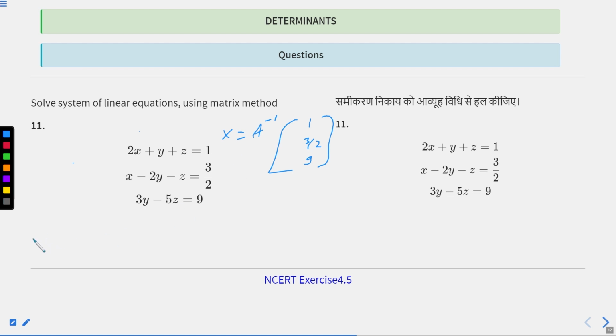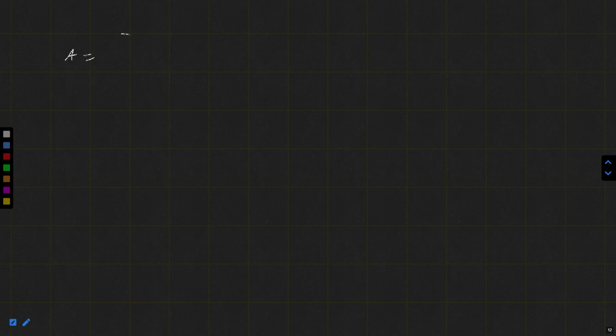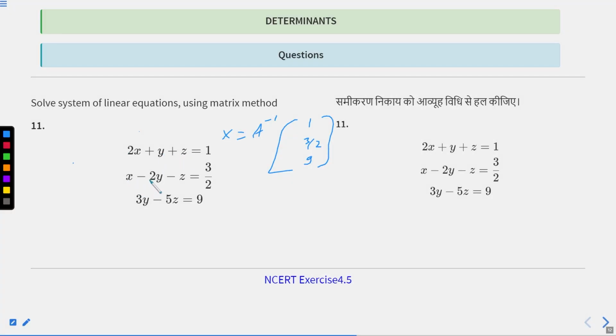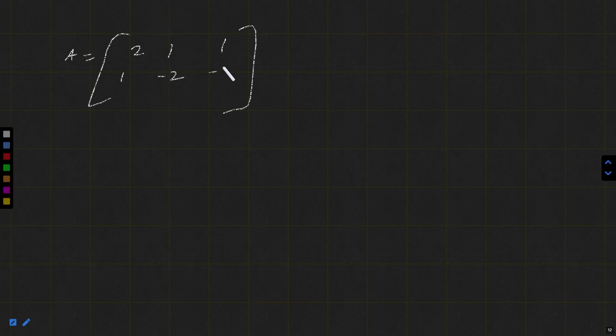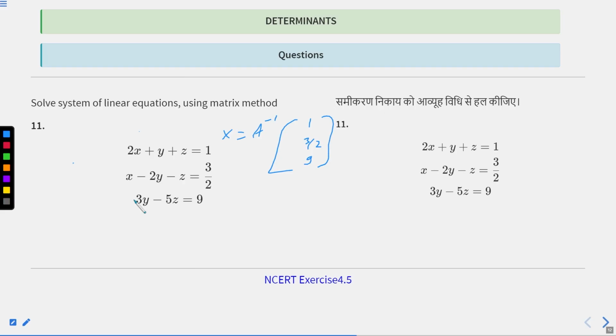You all know A is, so let me do it here. A will be 2 1 1, 1 minus 2 minus 1, and 0 3 minus 5.